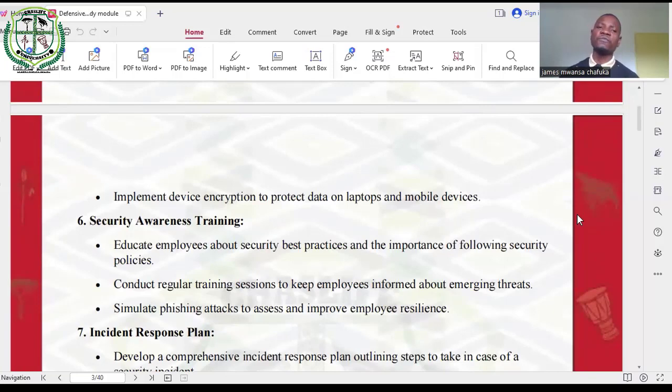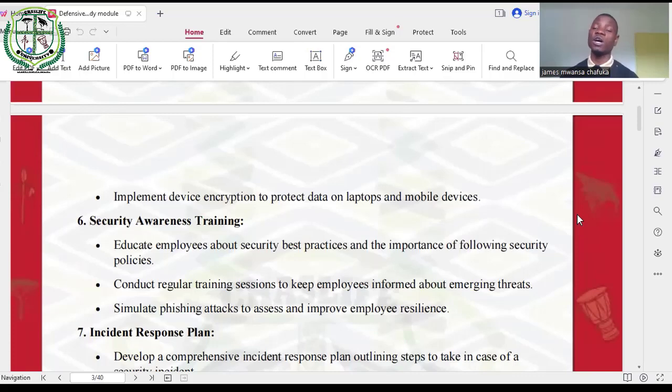Now, when you talk of implementing device encryption, first and foremost, you need to understand encryption. Encryption is the process of converting data into unreadable ciphertext.